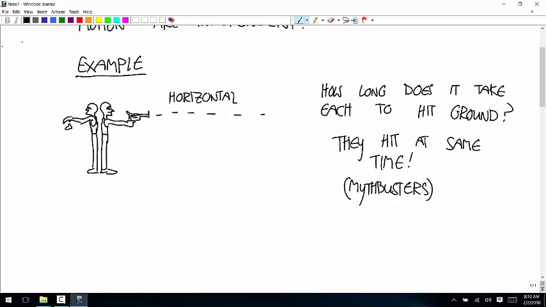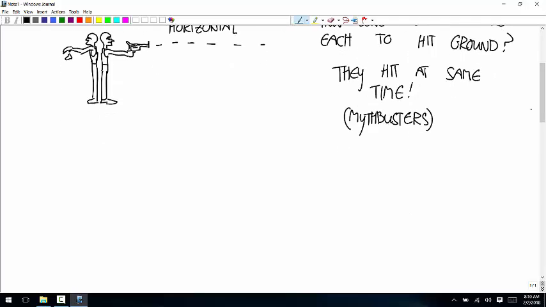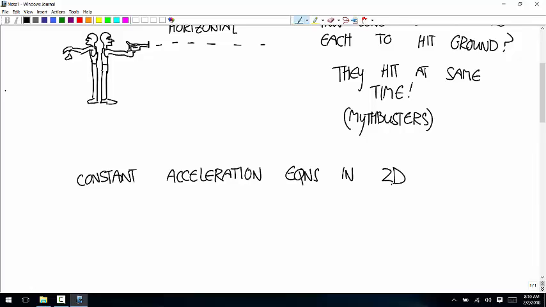So let's see how the math works. Last time I gave you the constant acceleration equations, and they look just the same as the one-dimensional constant acceleration equations.